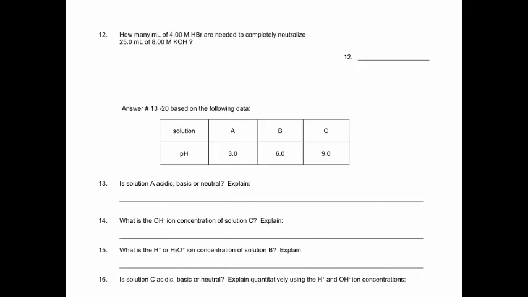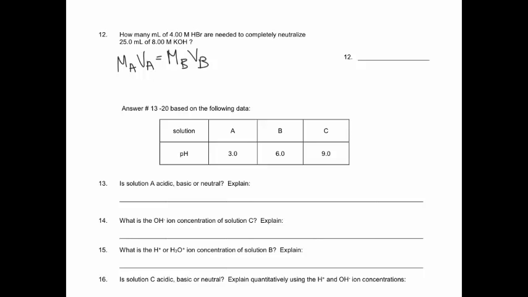Another titration question. So again, we're going to be using MAVA equals MBVB. This time we have the molarity of our acid, and we have the volume of our base and the molarity of our base. So we're going to be looking for the volume of acid required to neutralize that base.